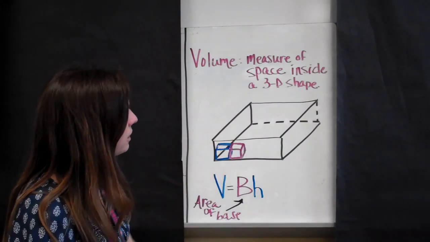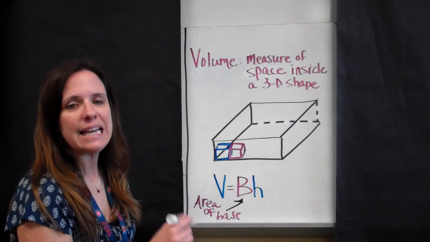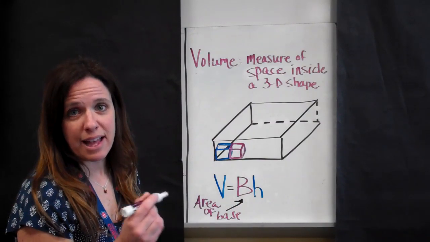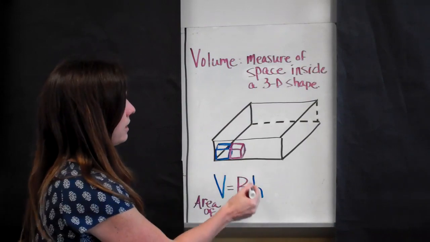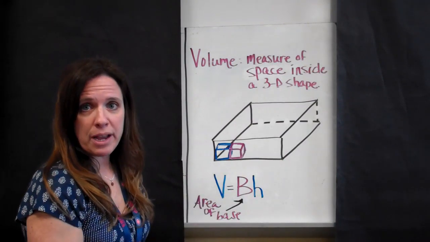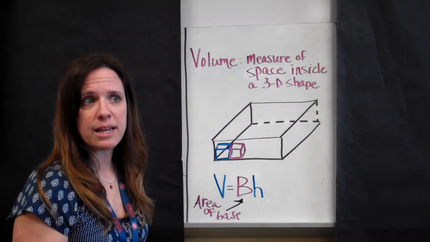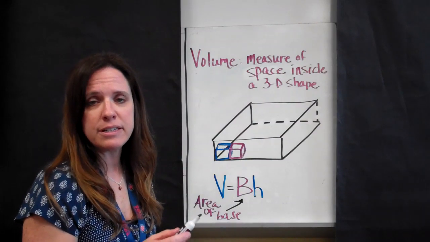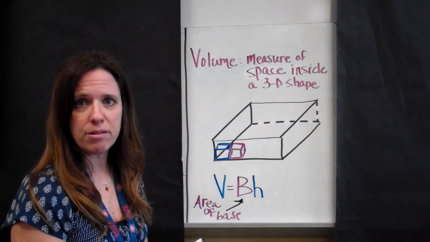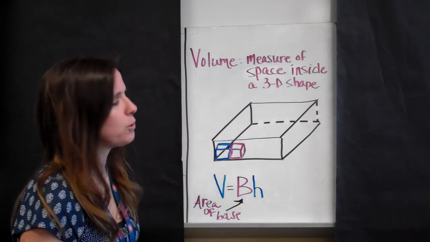If we have a rectangular prism, like we do up here, the capital B becomes length times width. That's how you find area of a rectangle. And then you do times height, that's that third dimension. If we had a triangular prism, we know how to calculate the area of a triangle. We learned that. It's 1/2 times base times height of the triangle. And then you would multiply by the third dimension, the height of the prism.